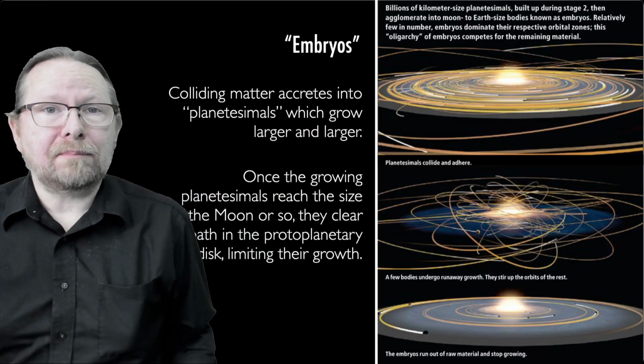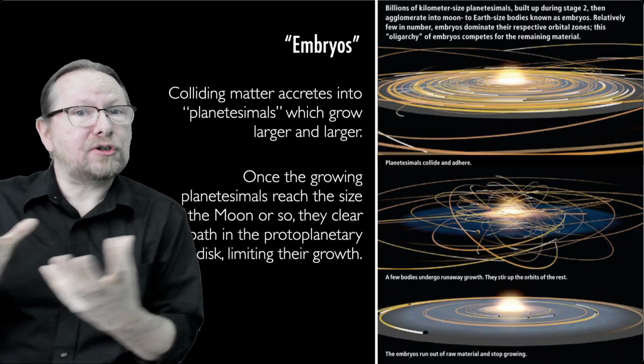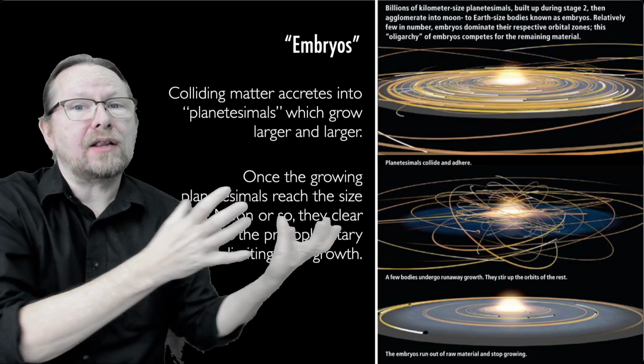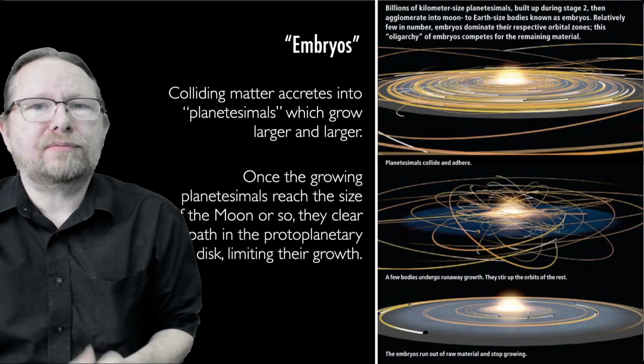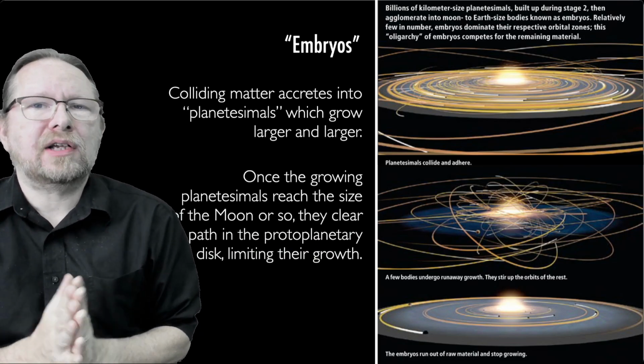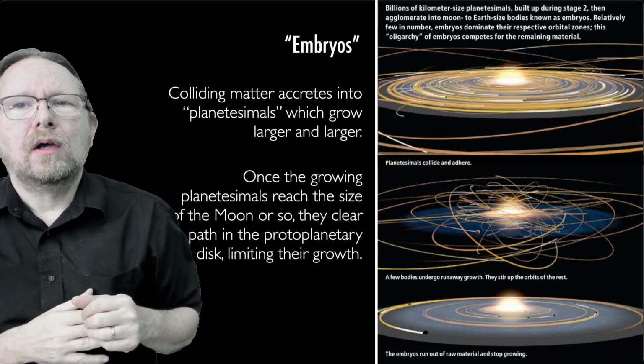And the bigger they get, the more material they interact with as they orbit the sun, and the more they scoop up other grains of dust and minerals and ice and gas.